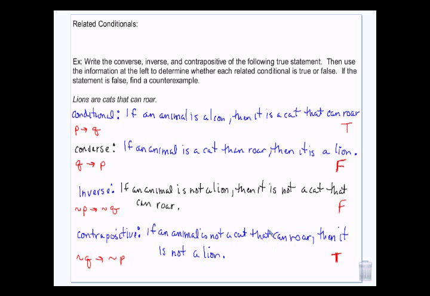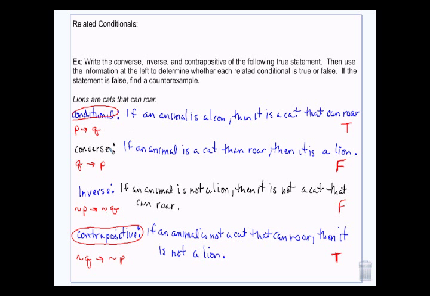Now, we had talked about this: the conditional and the contrapositive have the same truth value. They're both true. And then the inverse and the converse are both false. Same truth value. So if you can figure out the truth value of one of those sets, you know the truth of the other one.